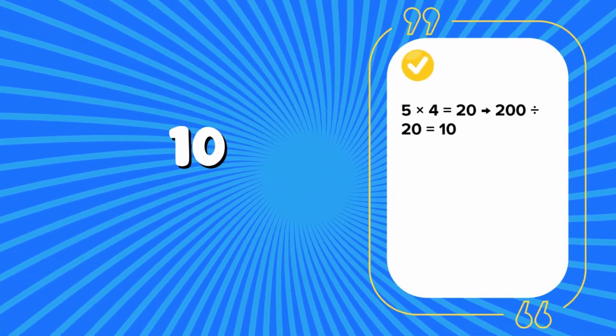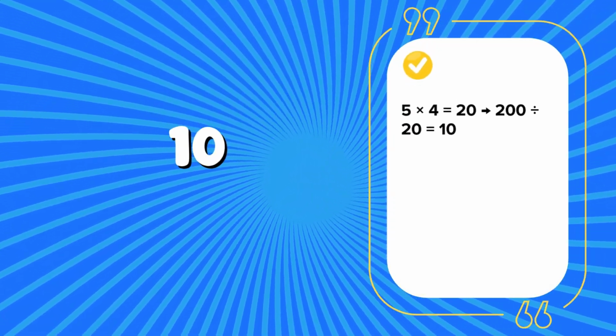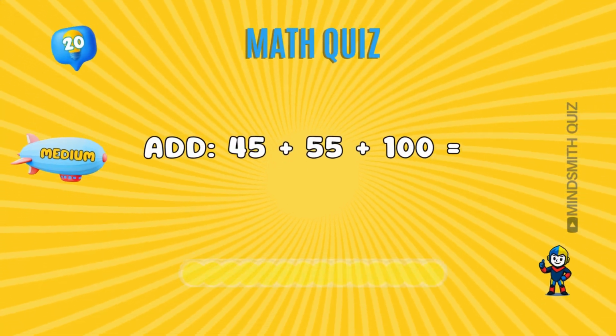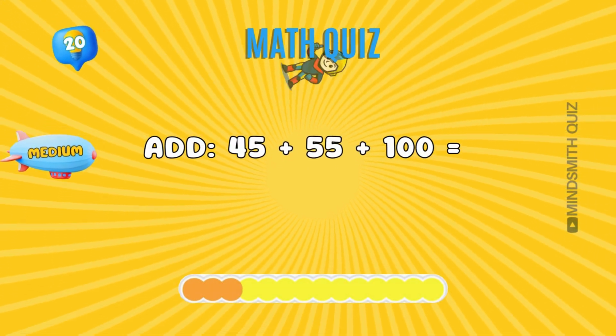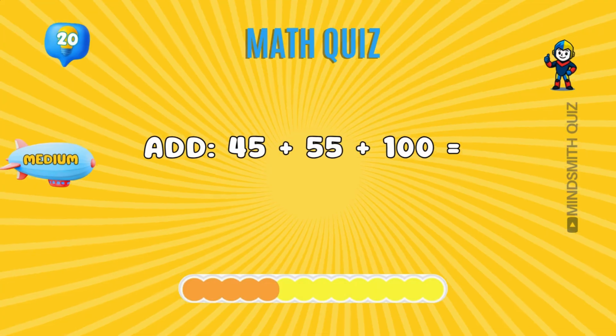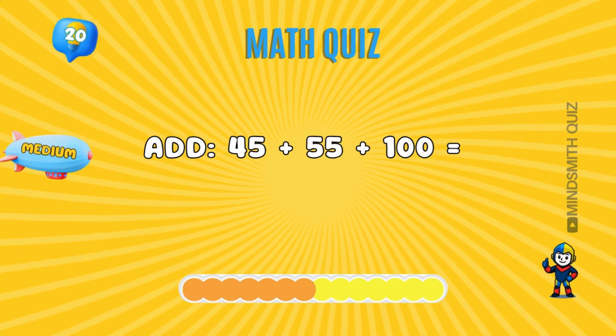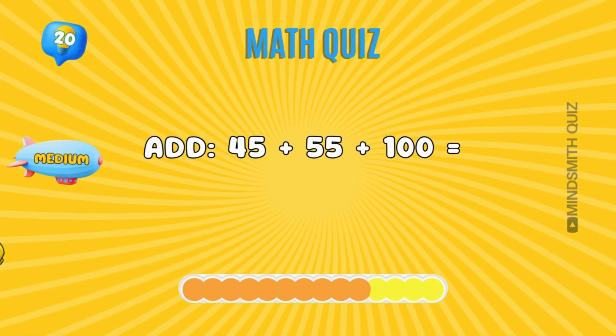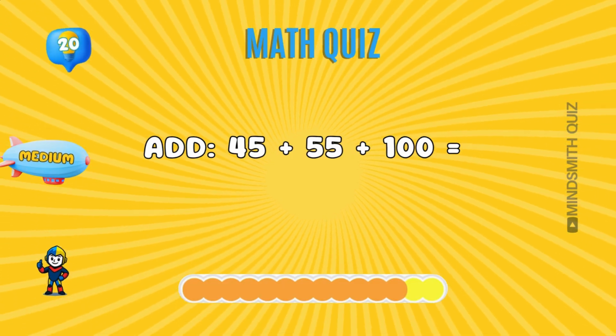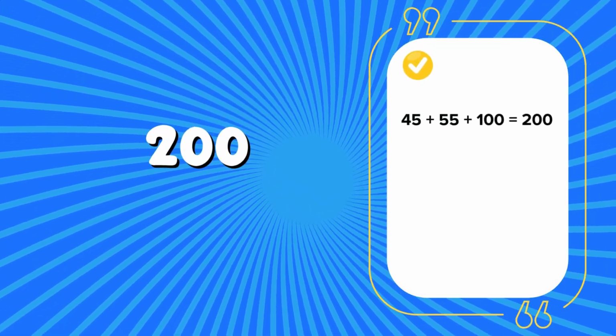Brilliant. 10. Add. 45 plus 55 plus 100 equals. Easy. 200.